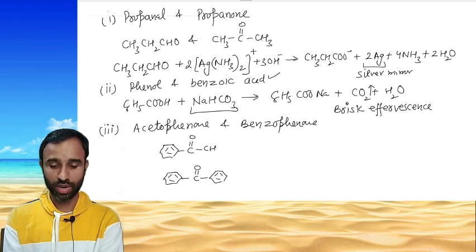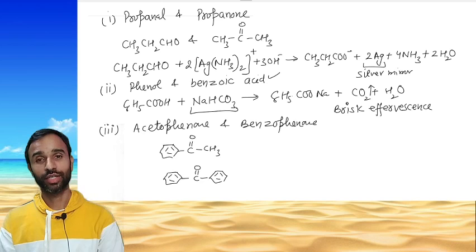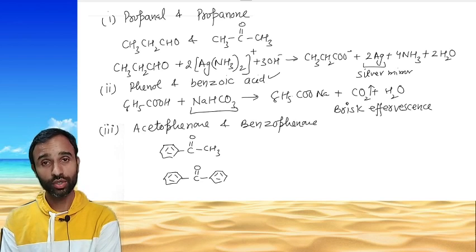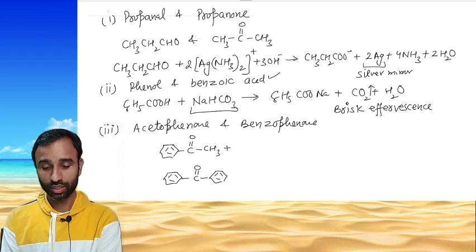Now by looking at the structure you can get an idea. The first one is acetophenone, that is a methyl ketone. So a methyl ketone can give the iodoform test.